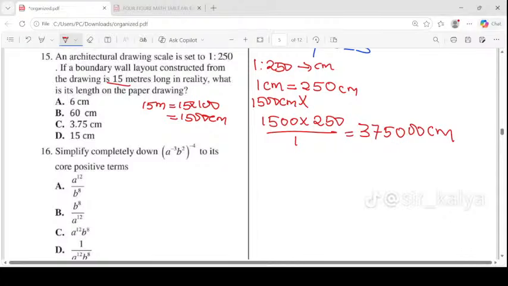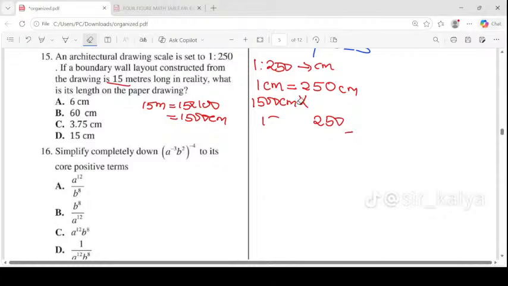If 1 centimeter on a map is equal to 250 centimeters on the actual ground, what about 1,500? I've interchanged these measurements. I think I've interchanged here. That is why it's not giving what I expect.